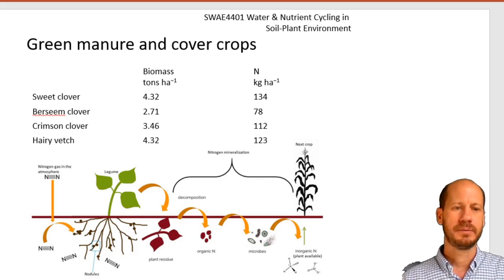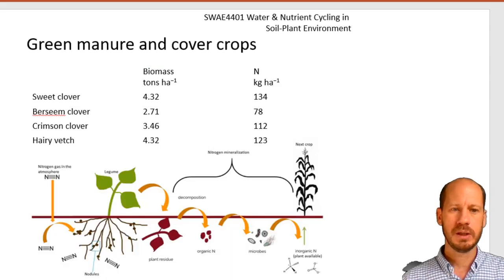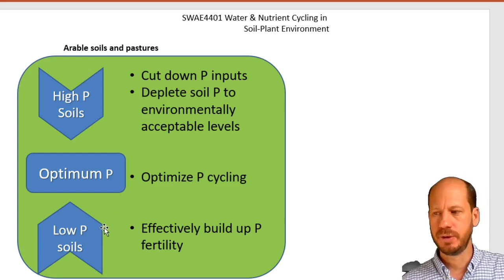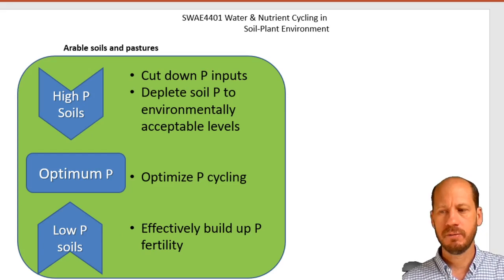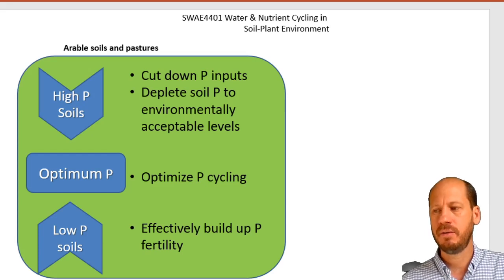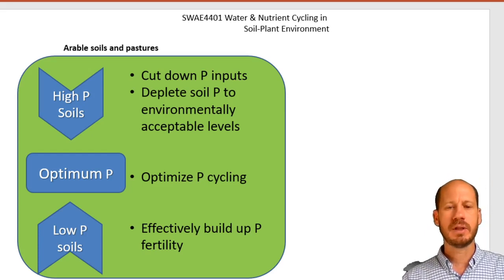So there is one problem with this when it comes to phosphorus, because phosphorus will not come from the atmosphere like nitrogen. You cannot have a phosphorus fixation from the atmosphere like you have for nitrogen.